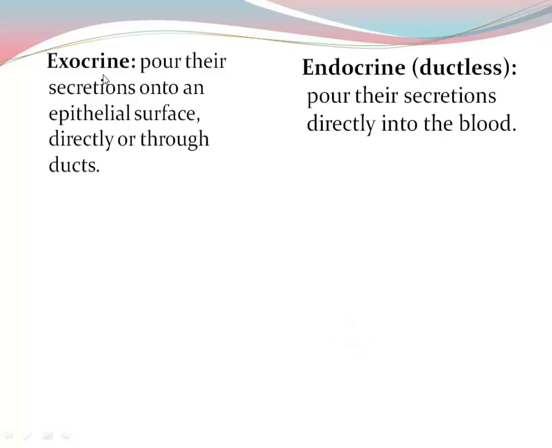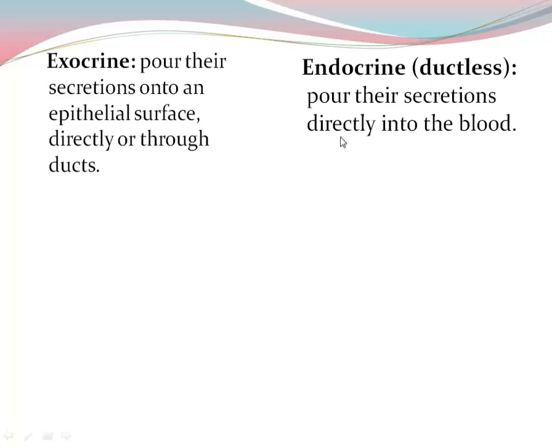If you compare exocrine and endocrine glands, the major point is that exocrine glands pour their secretions on the surface of the epithelium directly or through ducts. We have seen the example of goblet cells, which pour their secretion directly on the surface. Now we will see the example of the salivary gland, where saliva is poured through the duct system into the mouth.